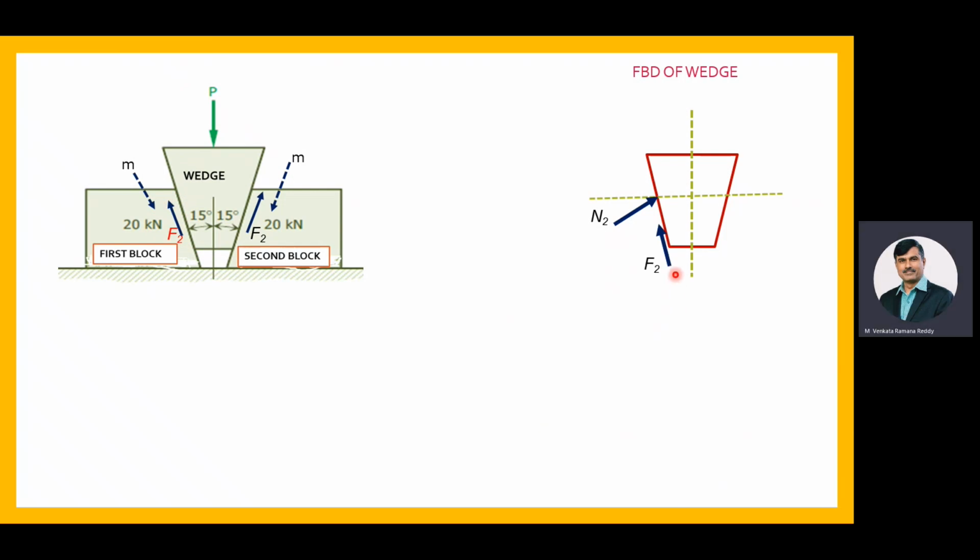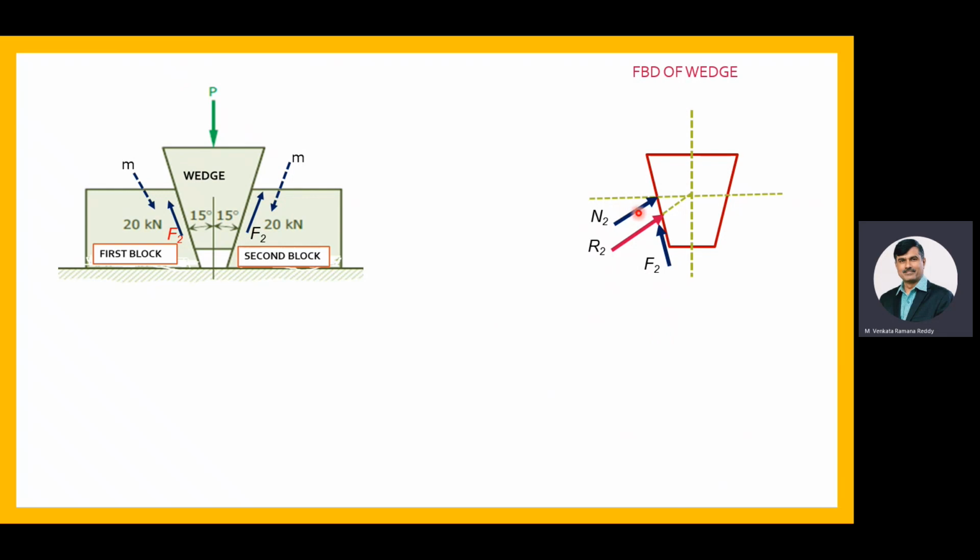Then we'll find the resultant force for the normal reaction as well as the frictional force, that is the resultant of N2 and F2, which is R2. The angle of friction given in the problem is 15 degrees and the wedge inclination given in the problem is 15 degrees.